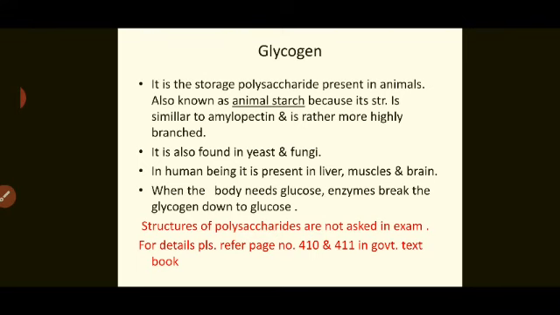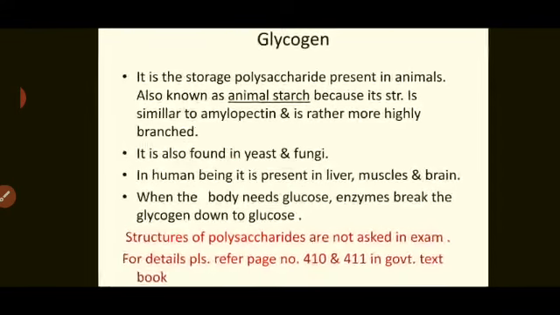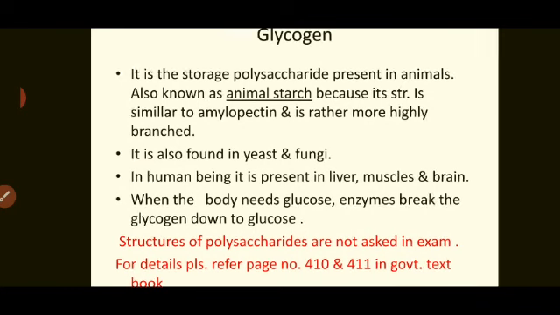Next one is glycogen. It is the storage polysaccharide present in animals, also known as animal starch, because its structure is similar to amylopectin, which is the water insoluble component, and is rather more highly branched. As we have already learned, amylopectin consists of alpha D glucose molecules in branched form.